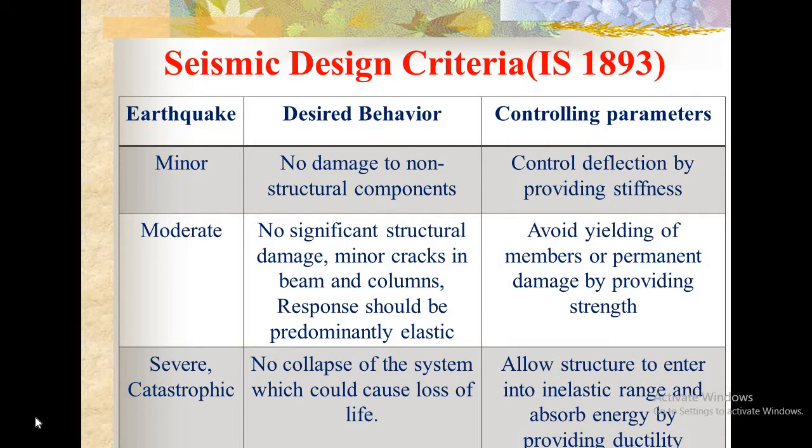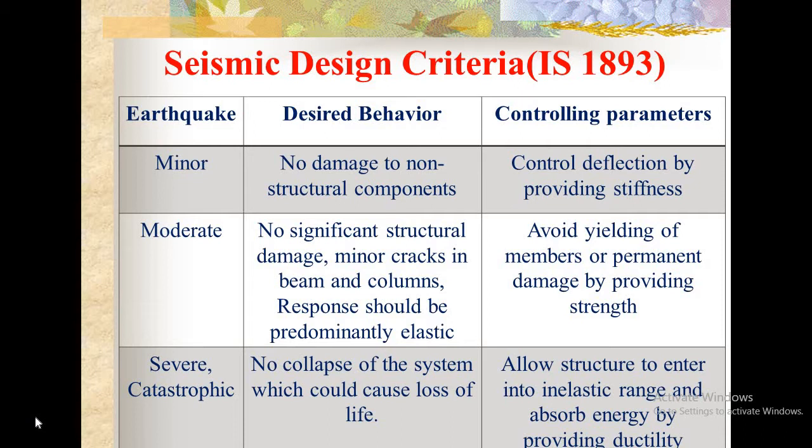The controlling parameter is to control deflection by providing stiffness. In case of a moderate earthquake, no significant structural damage, minor cracks in beams and columns, and the response should be predominantly elastic. That is the desired behavior.